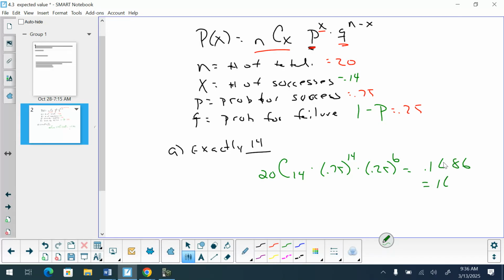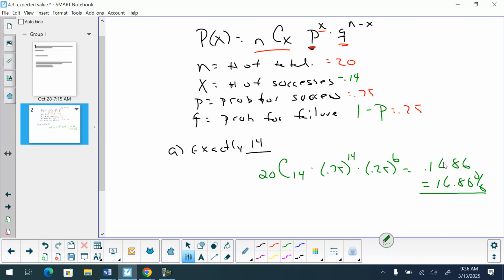So we have a 16.86% chance that if you choose 20 people at random, okay, there's a 16% chance that 14 of them, exactly 14, will say they paid for their honeymoon.